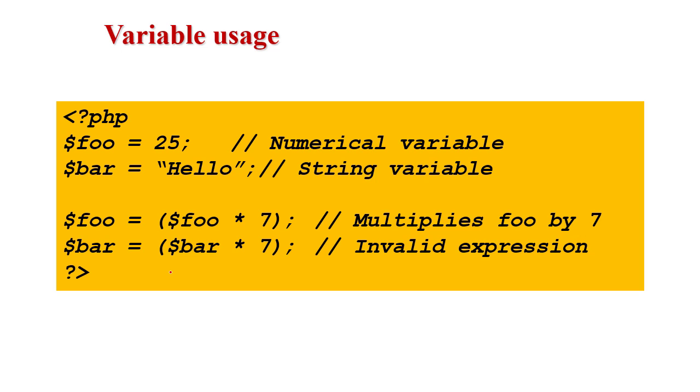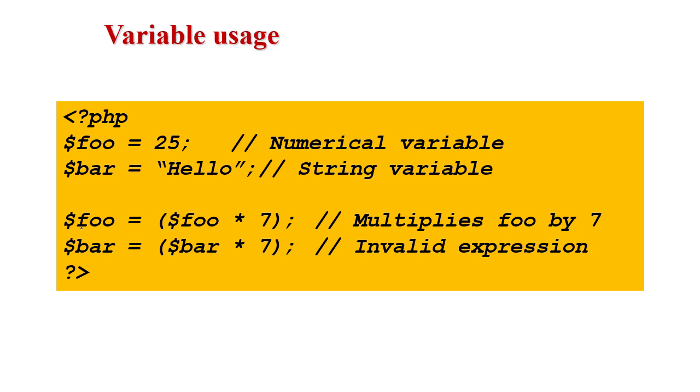Now let us see some sample usages. As you can see here, I have declared one variable called foo and assigned the value 25. So this is a numerical variable. Then I have declared one variable called bar and assigned the string hello.